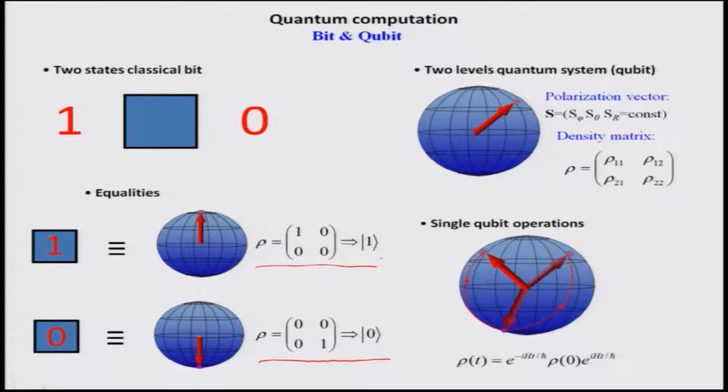So, for single qubit operations, there is a continuous set of values. For a single qubit operation, therefore, there are many sets of values that the state, the density matrix, can take as a function of time, for instance, as it is evolved with the help of the Schrodinger equation.